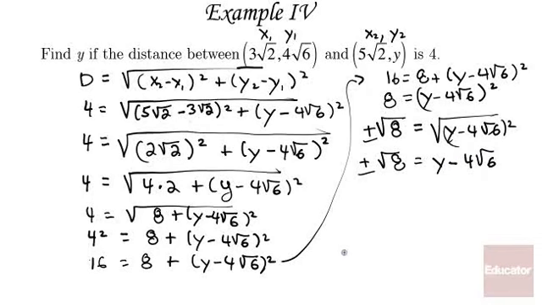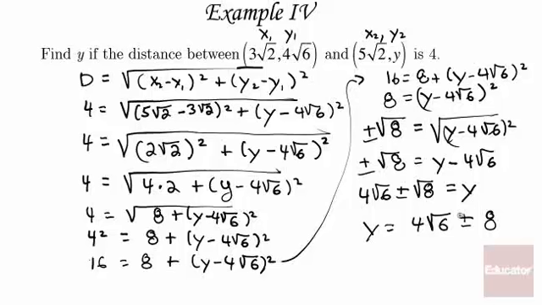Okay, I'm almost to the end. I just need to isolate the y by adding 4 radical 6 to both sides. Plus or minus the square root of 8 equals y. I'm just going to rewrite that with the variable on the left as it's usually written.